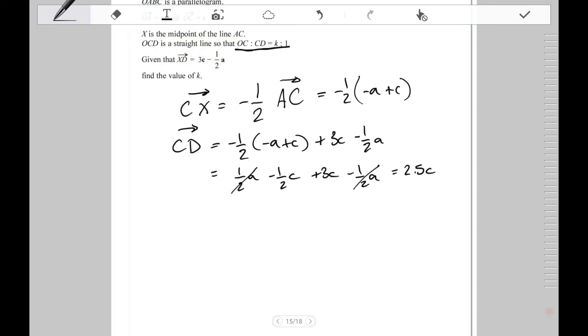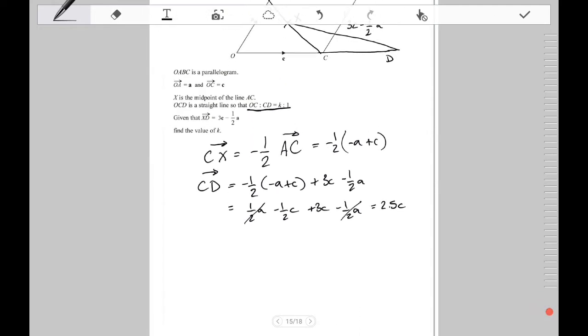So we've got CD. Now we can use this ratio here. They're saying that K over K plus 1 is equal to the vector OC over the vector CD.